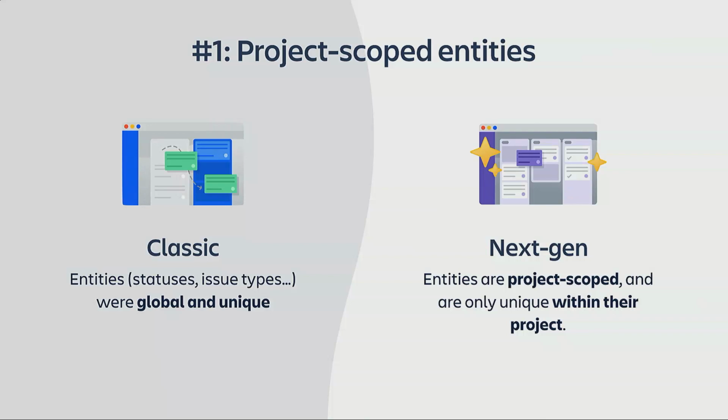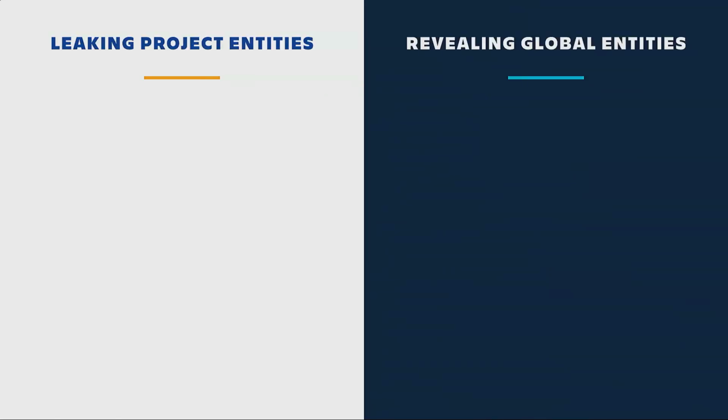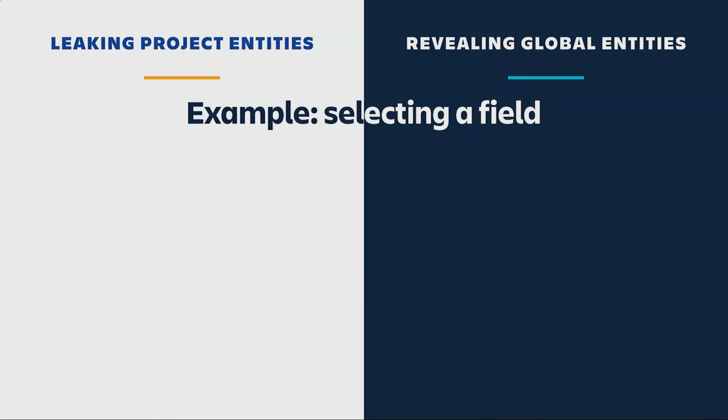Let's look at a common bug that we saw coming up in some apps because of this change. This bug is mostly about showing the relevant entities at the right time. So it's about leaking project entities accidentally out of the project scope context, or revealing global entities incorrectly within a NextGen project. So what do I mean by this? Let's go to an example. Imagine you have an app that each project you need to configure, like, I want to fill in this field for some reason.